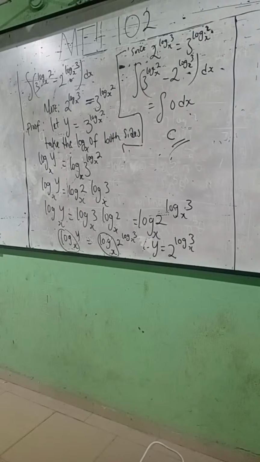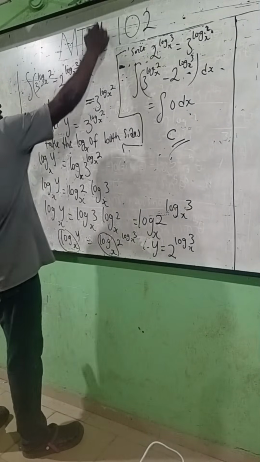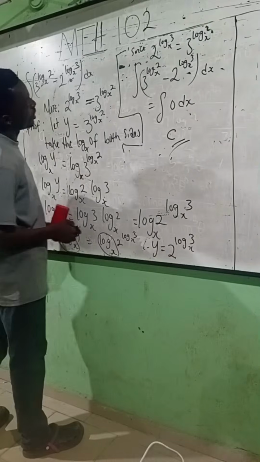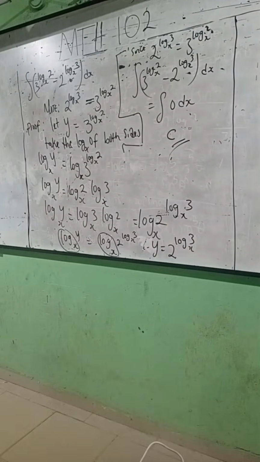You people of UI, the first and the best, University of Ibadan. The only thing that gave me a disappointment in this quiz, the school is not fine. The school is not fine.